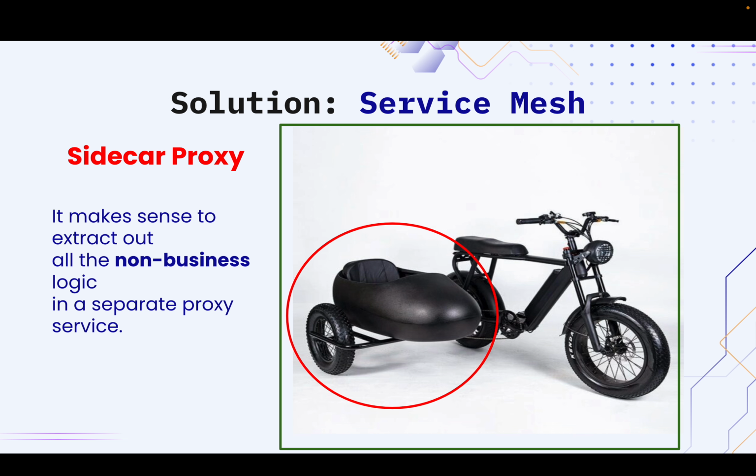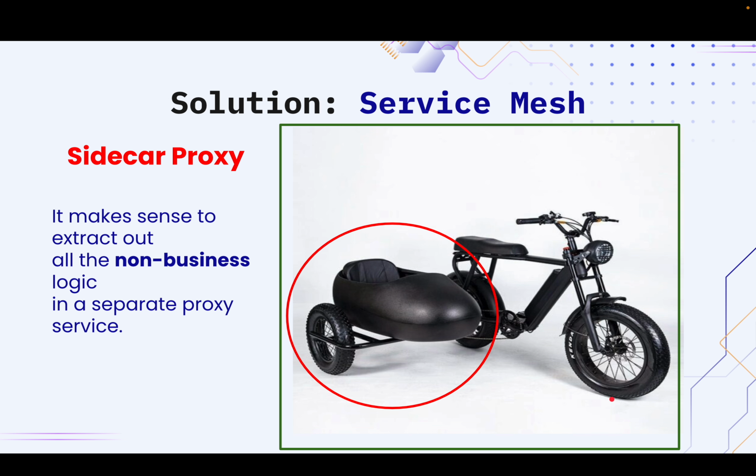In service mesh, there is a concept or design pattern called sidecar proxy. If you consider this square as a pod, and we have a microservice container running inside it, then this microservice container is a motorbike and it has only the business logic.